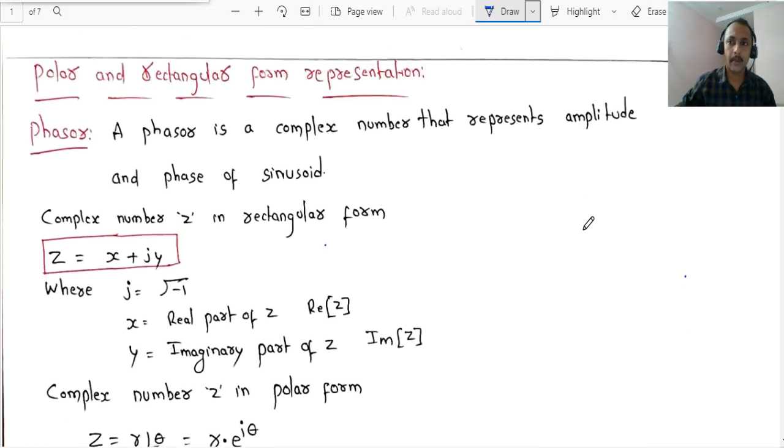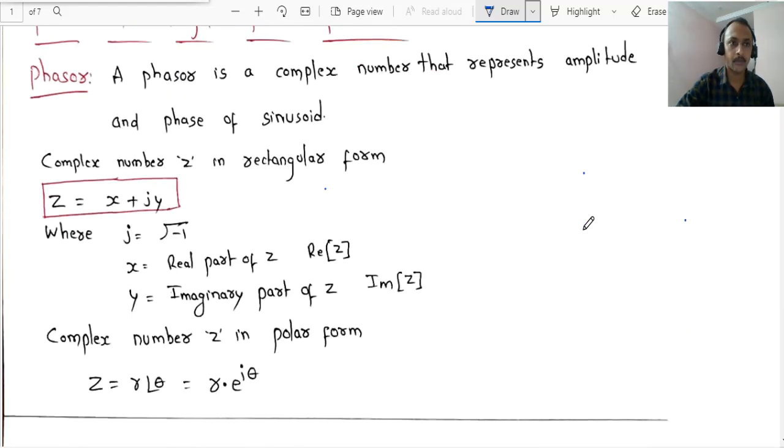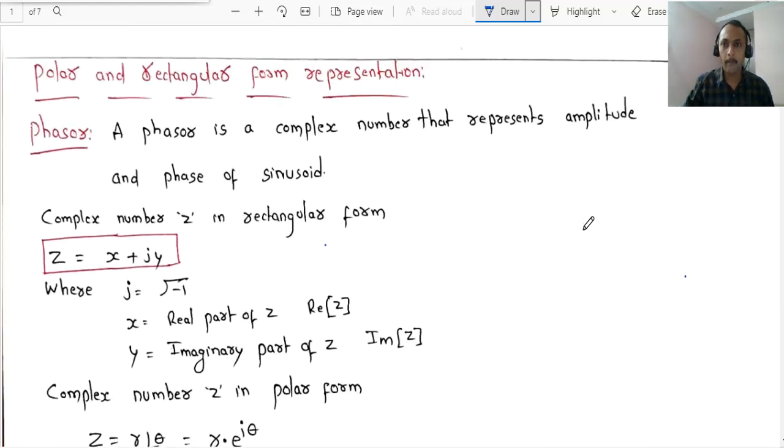Coming to the definition of a phasor, it is nothing but a complex number that represents the amplitude and phase. These two points are important. It simply represents the amplitude and phase of a sinusoid, right?